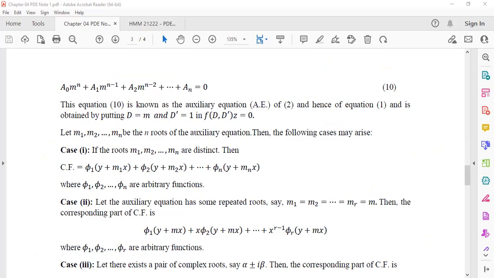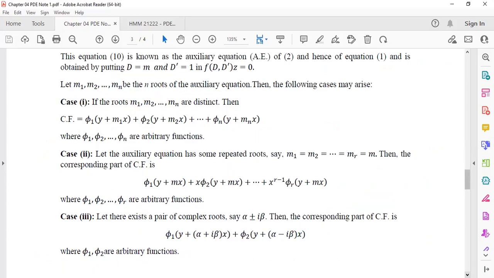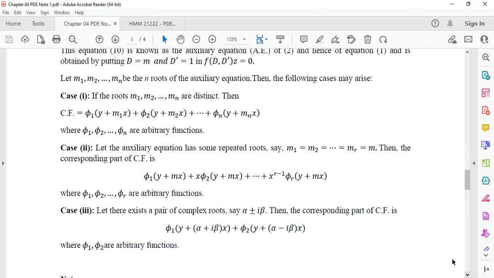There are some cases. We are going to see 3 cases. So case number 1 says, if you get all these m1, m2, mn values as n roots of this auxiliary equation after substituting these values, then the following case has, if all the roots are distinct, for example, I have the m values 2, 3, 2, minus 1, 5, something like that.